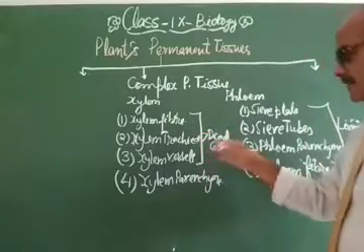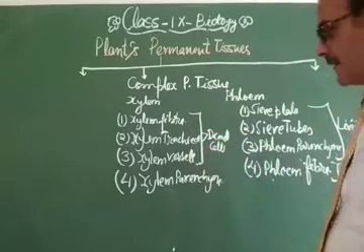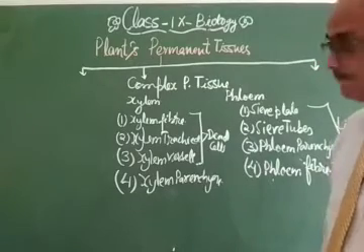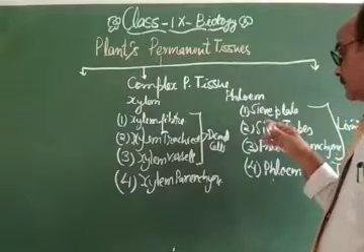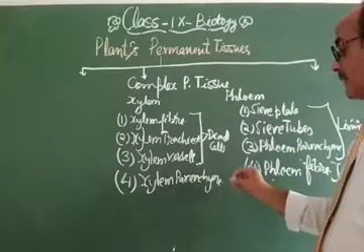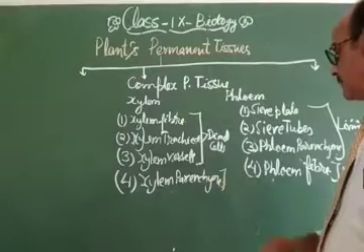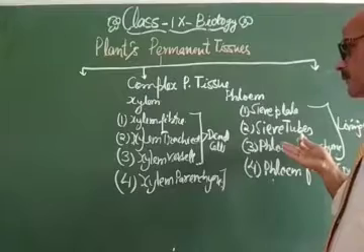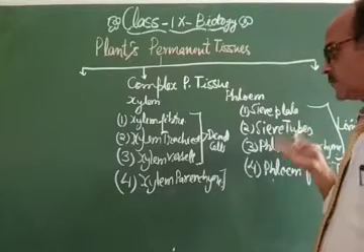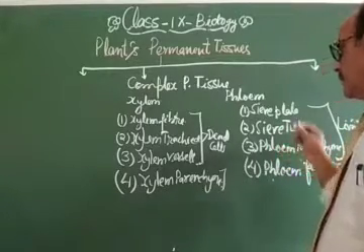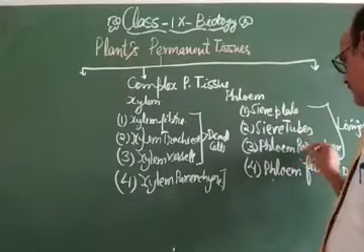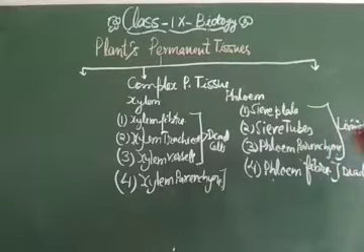These three, xylem fiber, xylem tracheids and xylem vessels, are the dead cells, while this xylem parenchyma is the living cell. And phloem is the part by which the transportation of food takes place. It has the sieve plate, sieve tube, and phloem parenchyma, which are the living cells, and phloem fiber, which is the dead cell.